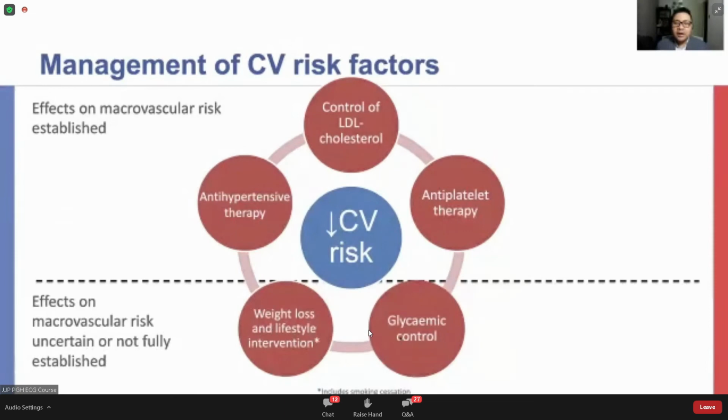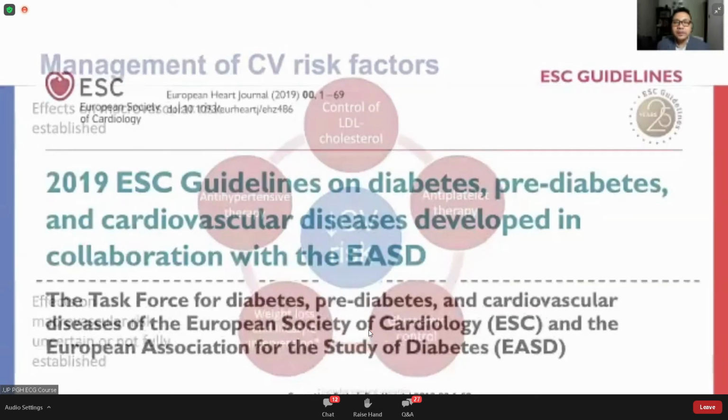Aside from glycemic control, we must advise active lifestyle intervention, particularly weight loss, and also control their BP by giving antihypertensive therapy, and control the LDL-C cholesterol to goal by giving statins, and for most of them, give antiplatelet therapy. That is to provide a reduction of micro and macrovascular complications.